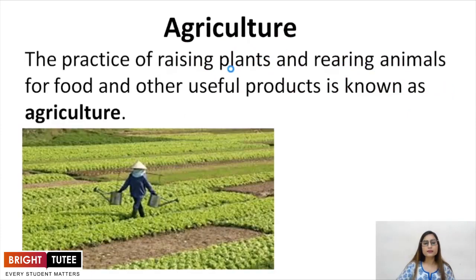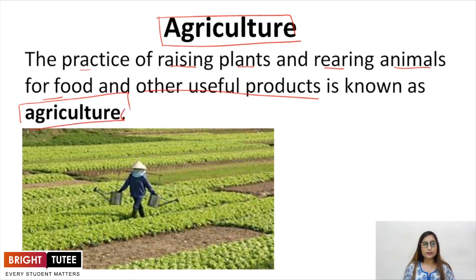So let us start. Students, first of all, you have to understand what agriculture is. The practice of raising plants and rearing animals for food and other useful products is known as agriculture. Let us reread the definition. The practice of raising plants. How do we raise plants? We raise plants in fields, right?